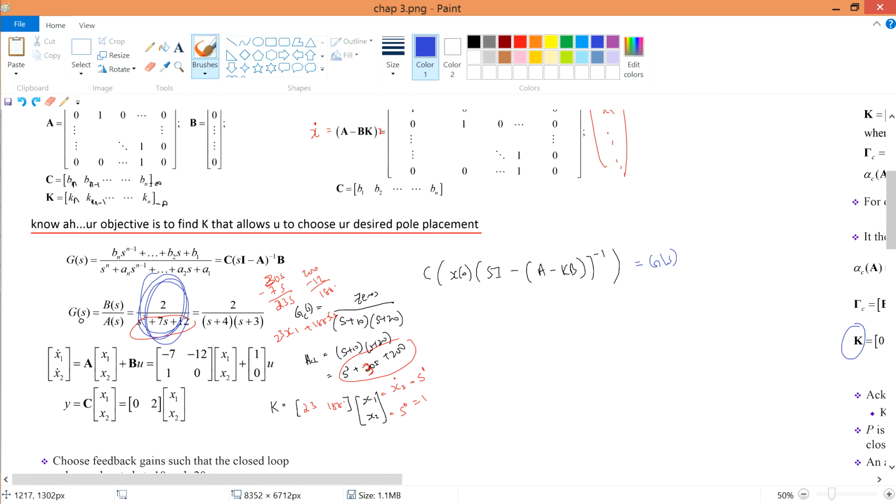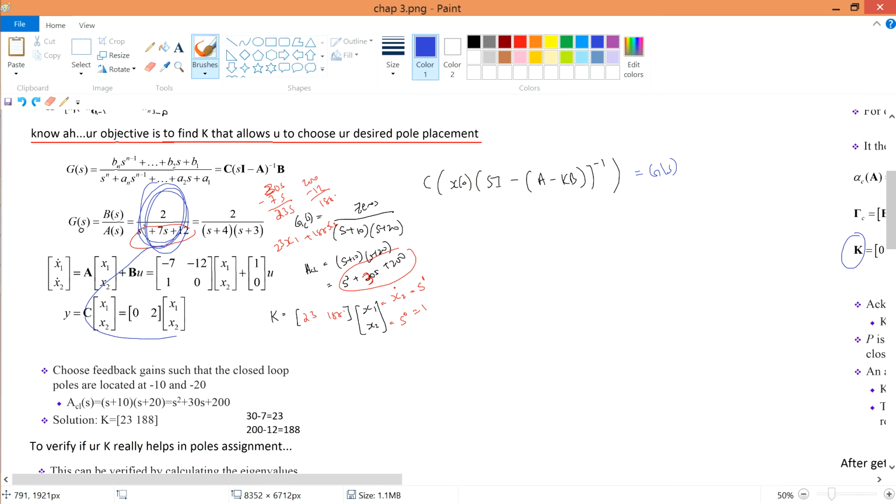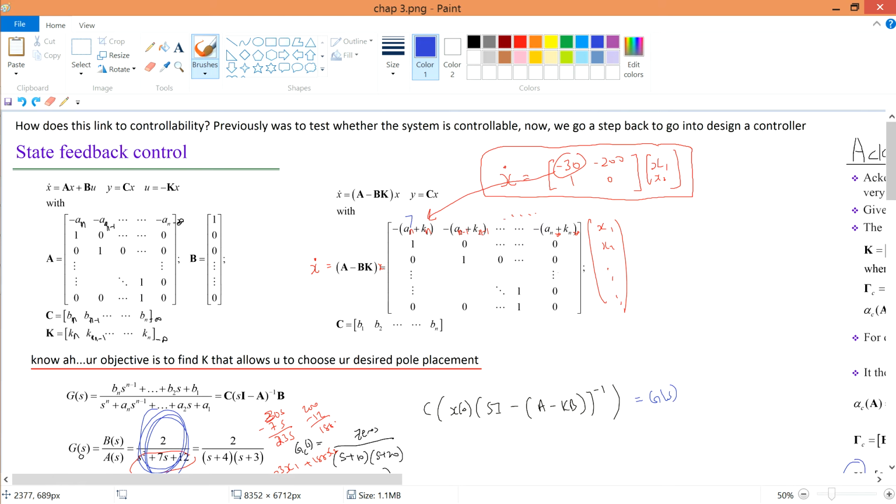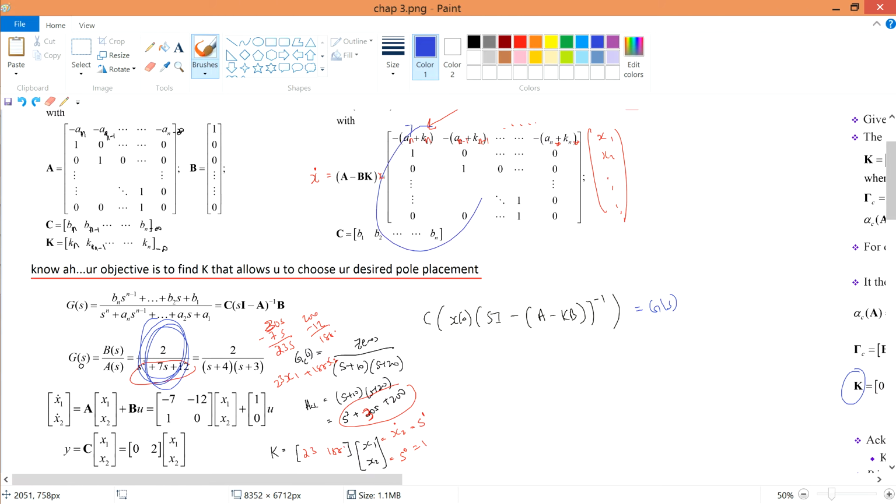Once you write in terms of the state space already, then you find your K value, and then your K value and your AN, which are all these constants over your A to A1, you just sub in over here to get your A minus BK. And once you get your A minus BK, you sub it in with your C, you need to find your C. So therefore your C will be sub in over here, and then your SI. So I think you get what I mean already.